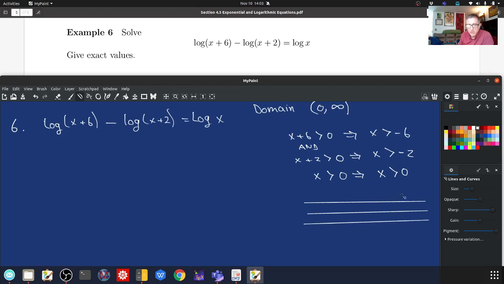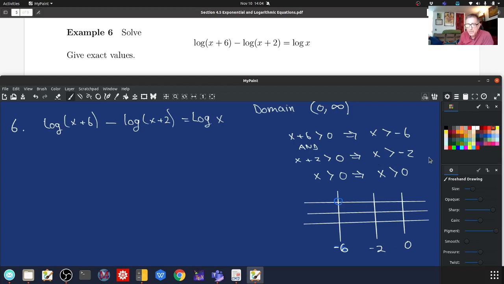So there's my 0, my minus 2, and my minus 6. So x has to be greater, so this is minus 6, minus 2, and 0.